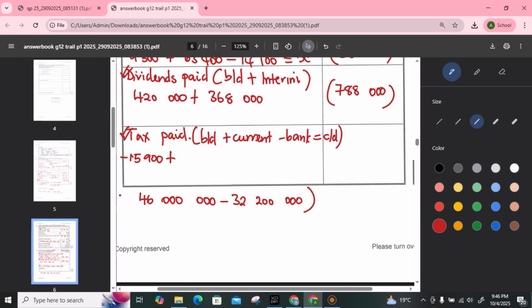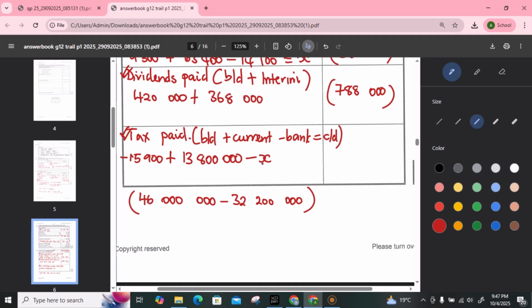Alright, if we put these two into application, we'll get a current amount of 13,800,000. So the word current suggests that you must go back to the income statement. The BD and the CD represent the balance sheet. Your bank is always your balancing figure, meaning it's unknown and it is what we are calculating.